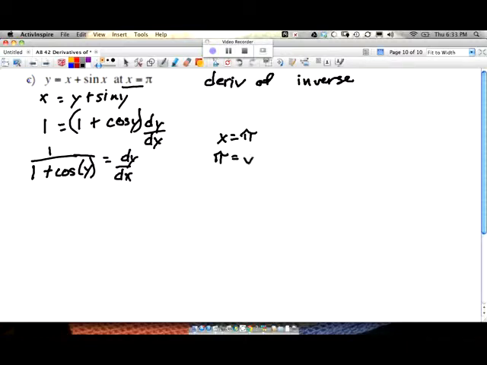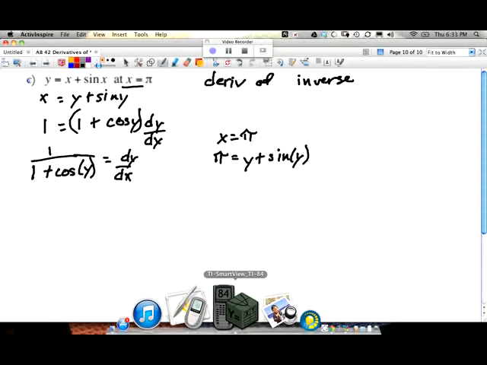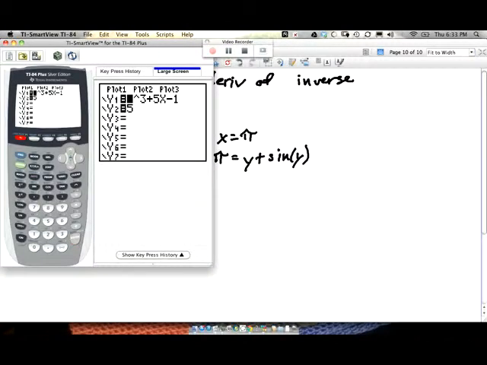that means that pi equals y plus sine y, we got to figure out when those would be equal to each other. Well, let's see if we can calculate it. So the constant that we're trying to get equal to would be second pi right here. And our equation that we're trying to equal to that is the variable plus sine of the variable.